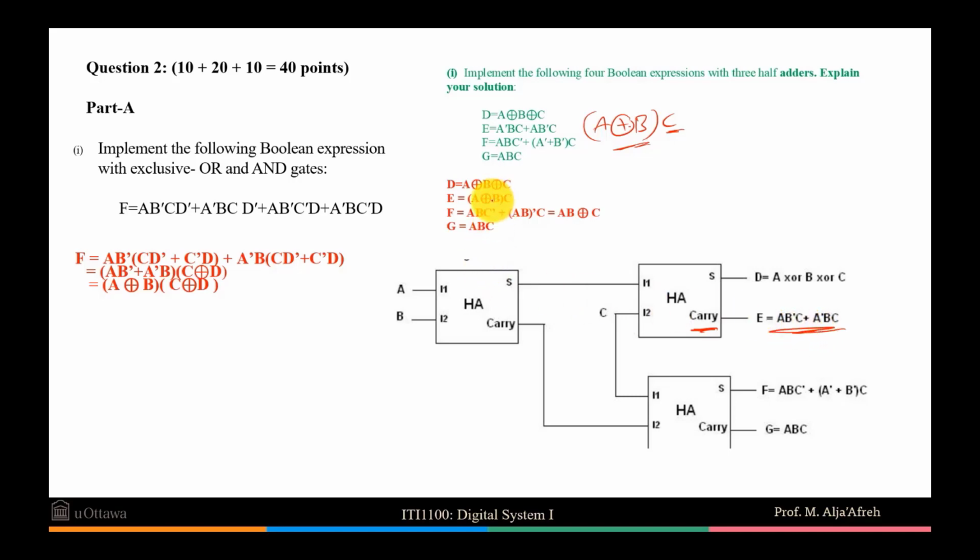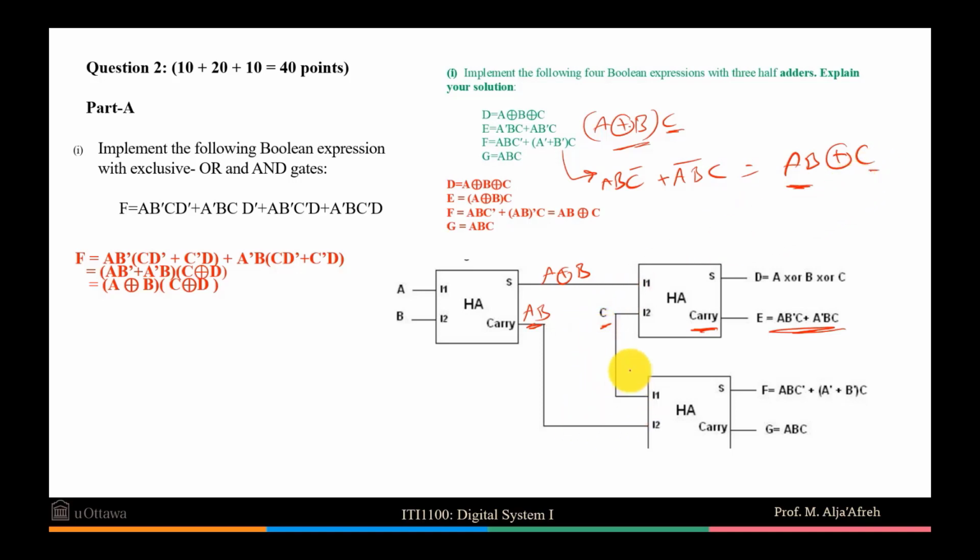Now, because this is A XOR B, and this is AB. When it comes to this one, guys, according to De Morgan, it can be represented as AB prime C, added to ABC prime. So that is basically an XOR between A, B, and C. To do it, we need this one as the first operand, and to XOR it with C as the second operand.